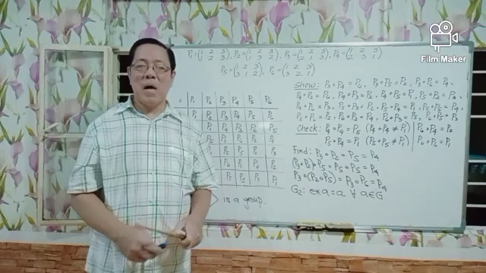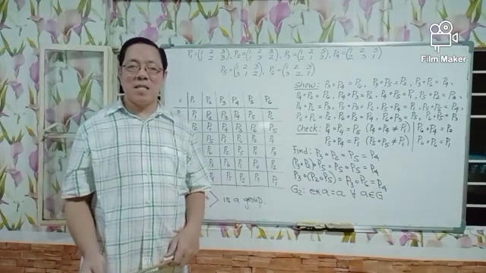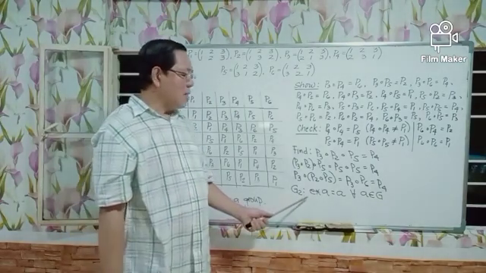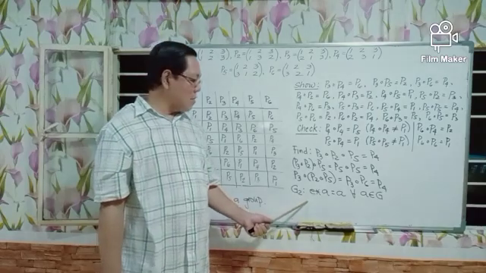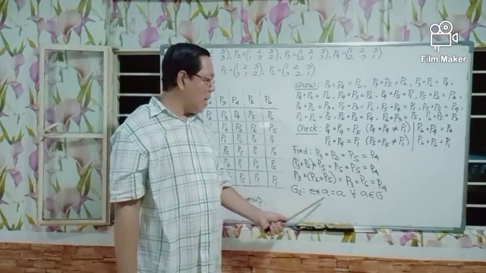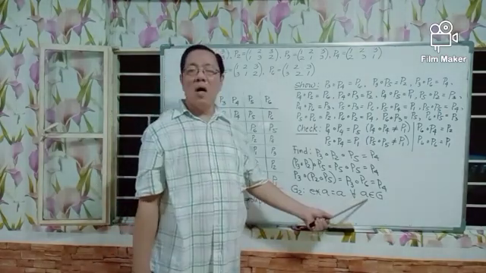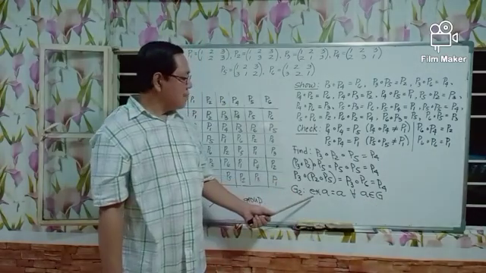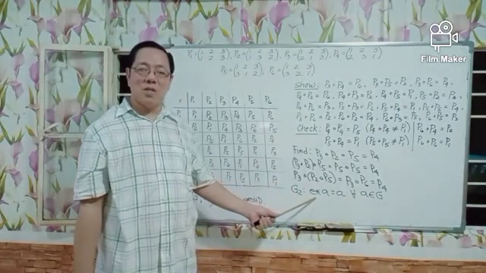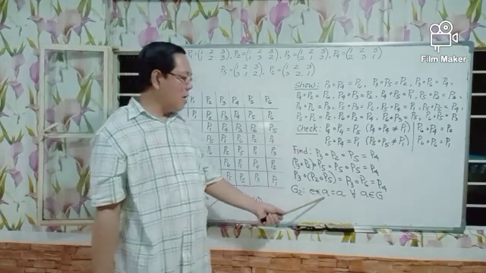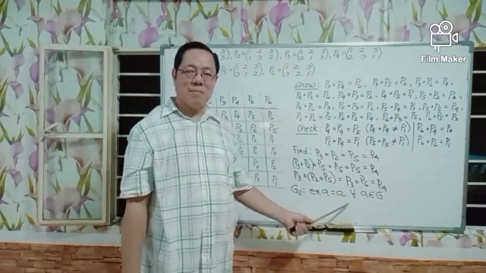The existence of identity element says that there exists an element E such that if you combine E with any element A of G by the binary operation star, E star A is equal to the element.